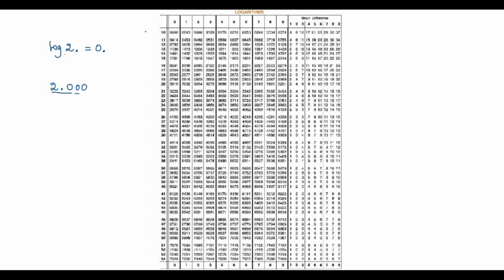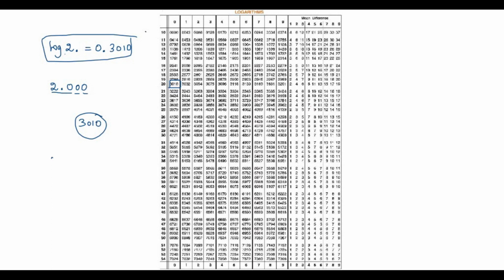In the 20th row, 0th column we have the value 3010, and in mean difference we have to go to the 0th column, but there is no 0th column in mean difference, because the mean difference starts giving columns from the value 1. Because there is no 0th column in the mean difference, you will not get any value from it, so you will get only 3010. So log 2 is equal to 0.3010. This is how we get the value of log of a single digit number.